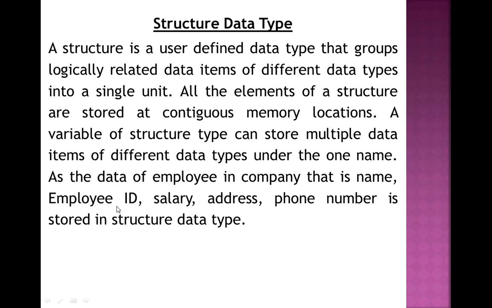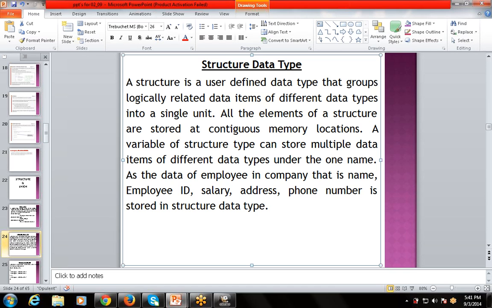So this is integer, this is also integer, this is not integer, that is your float or double, then phone number is also integer, and name is not integer, it is a string, because a string is a collection of characters. So we can use the name as a string or character.